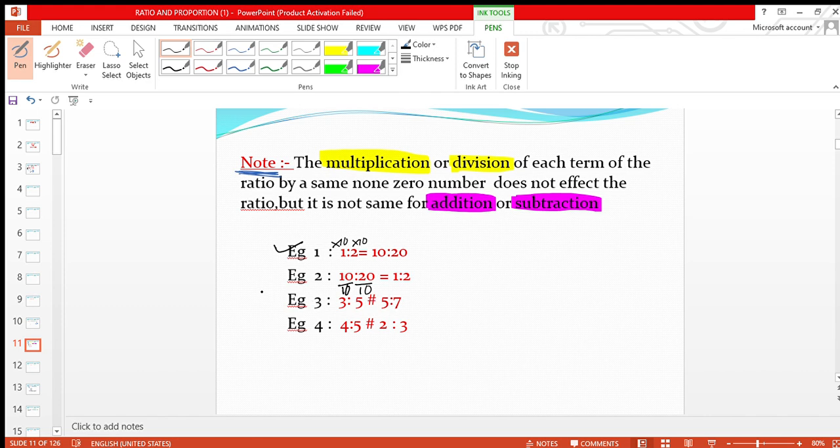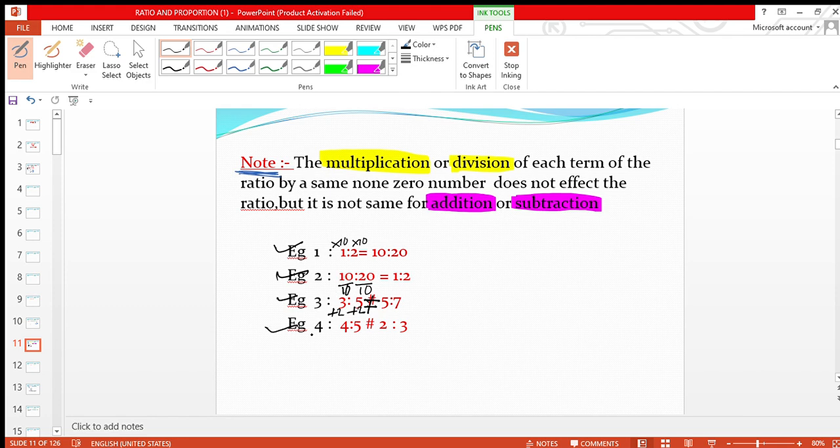Next, example 3. 3 is to 5 is not equal to 5 is to 7. Here we are adding 2. 3 plus 2 ratio 5 plus 2, that is not equal to 5 is to 7.